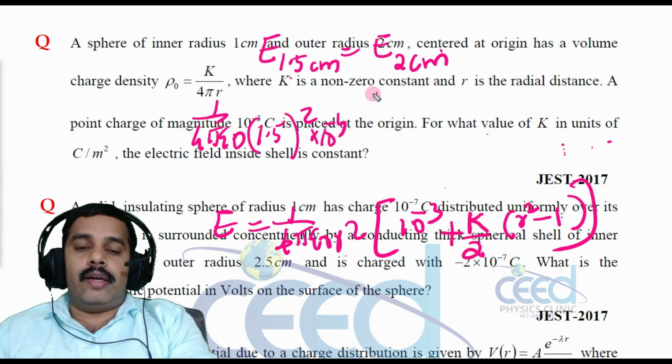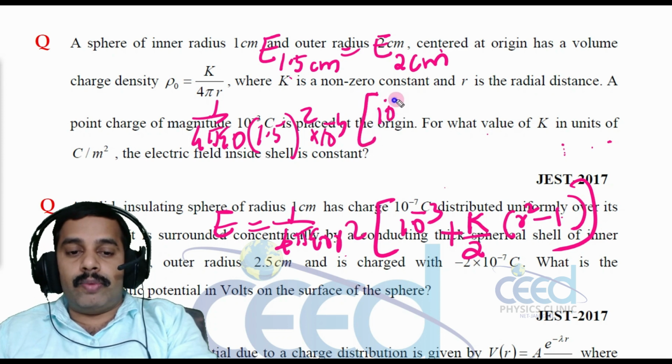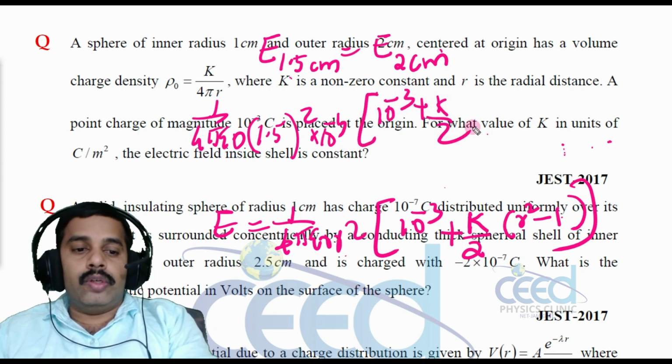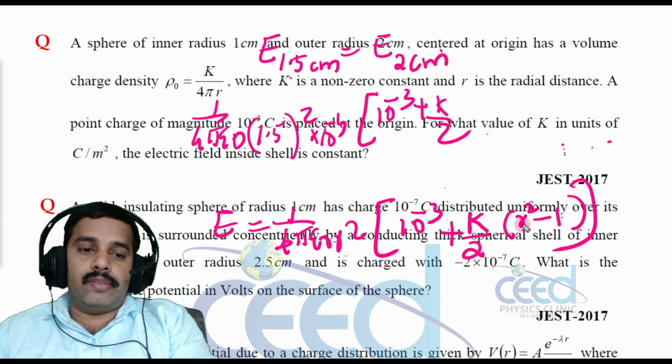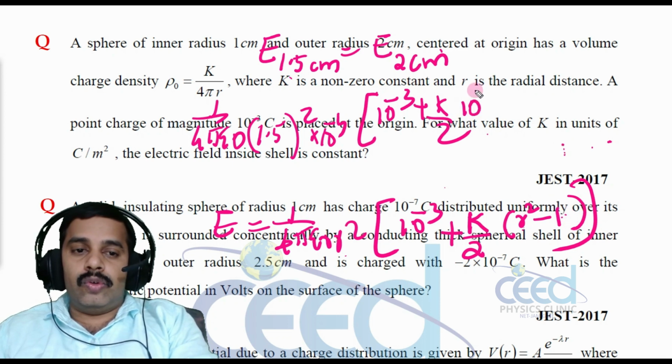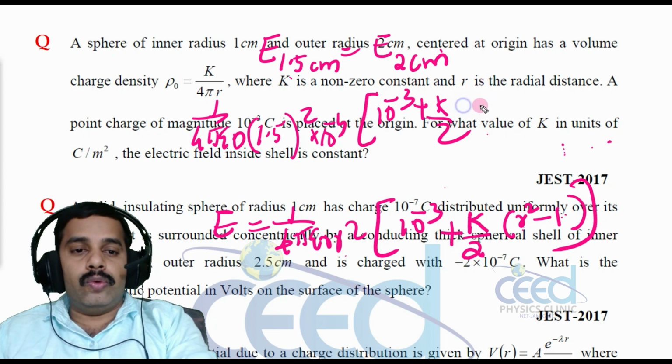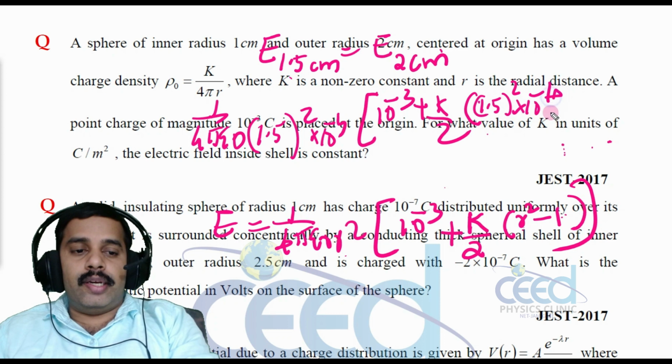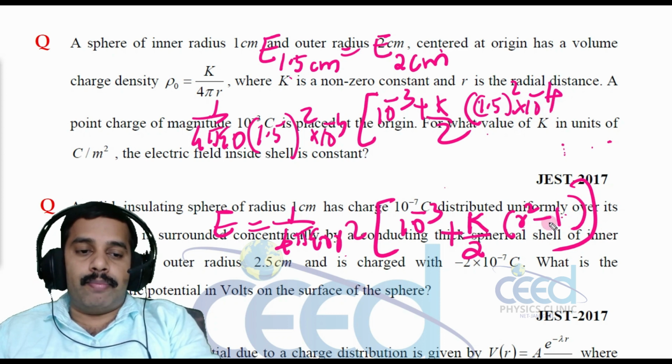And also here we have 10 raised to minus 3 plus k by 2, and here r square, that is 1.5 centimeter the whole square, minus 1 centimeter square. So k by 2 into r square minus 1, that means 1.5 whole square into 10 raised to minus 4, and we have substituted the upper limit here.